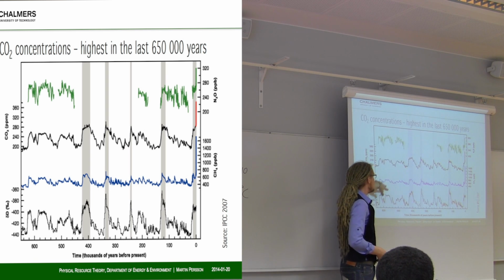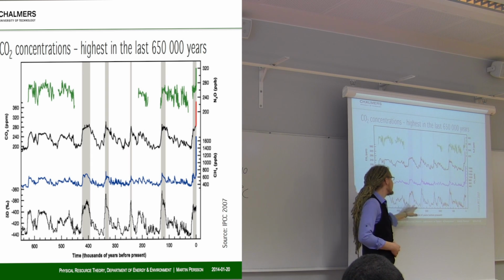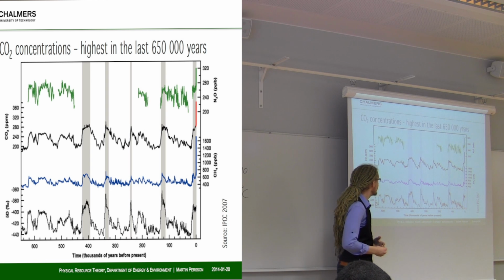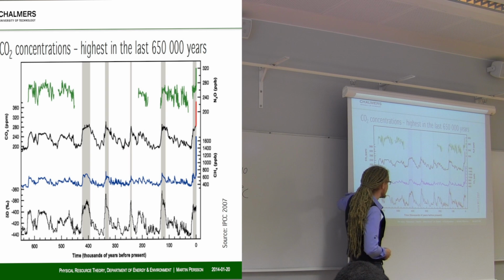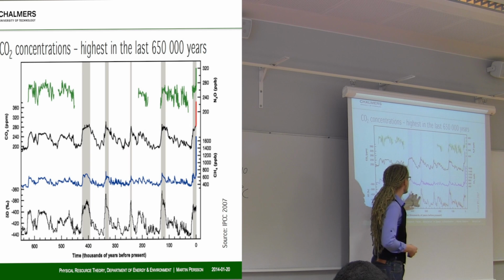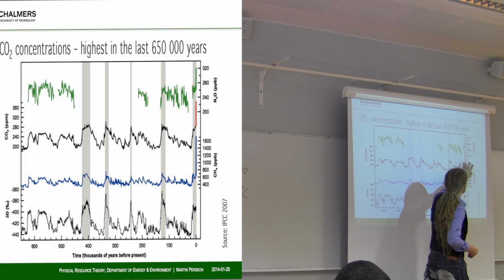It goes up and down, in part because of this cycle of warm periods and ice ages. Here you also have a proxy for temperature. In the warm periods, you have higher carbon dioxide concentrations, and right now we're in a warm period.